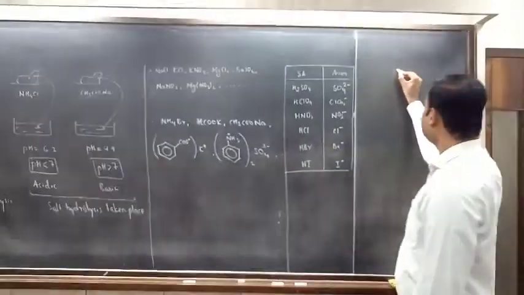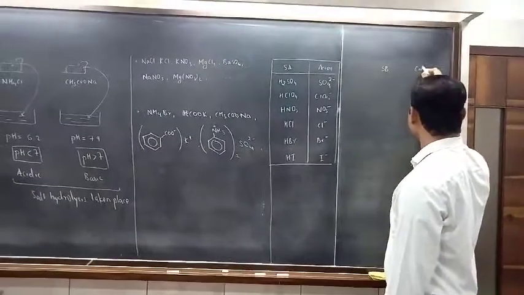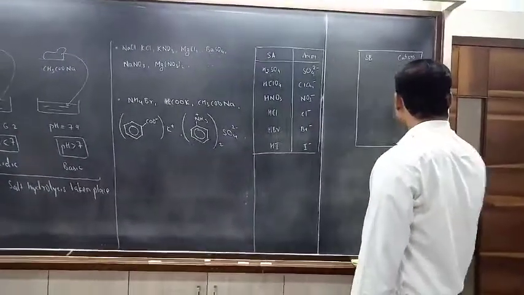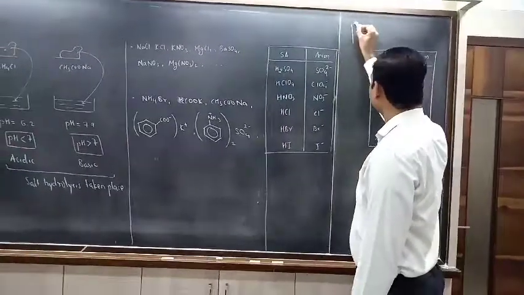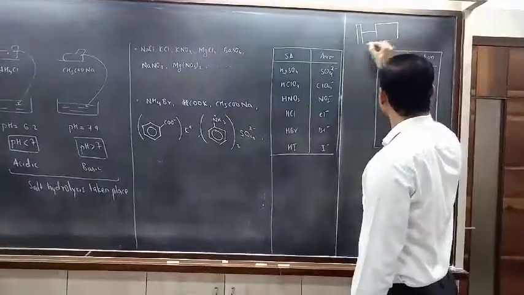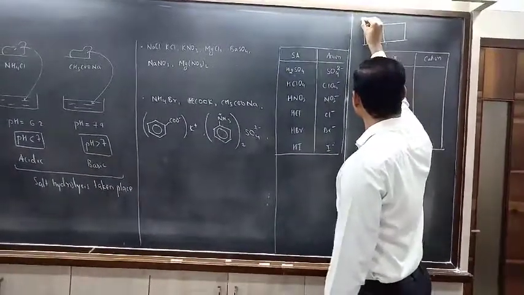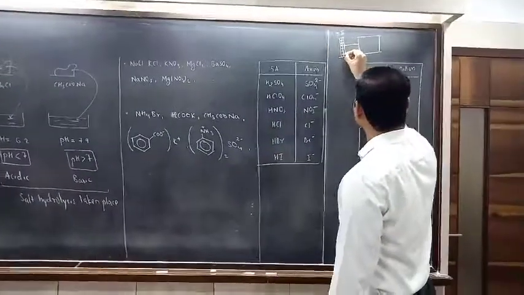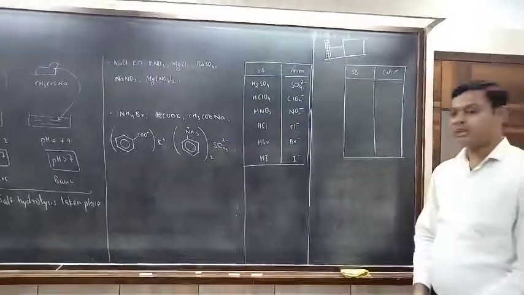Similarly, we need to understand a list of strong bases and the cations present in them. For this, we will generally take the example that in the periodic table, the cations which are placed in group 1 and group 2, when they form hydroxides, these bases will be strong bases.